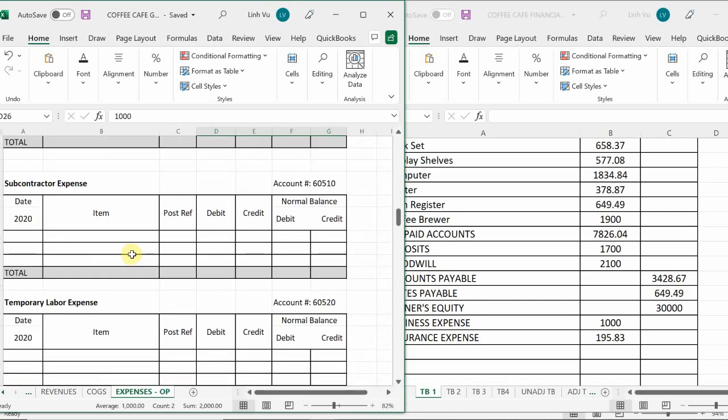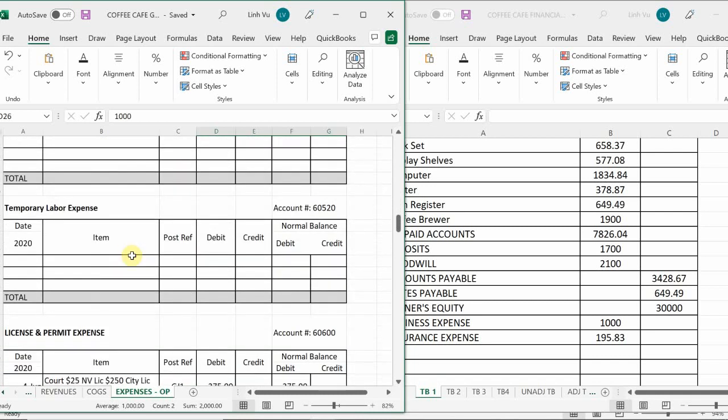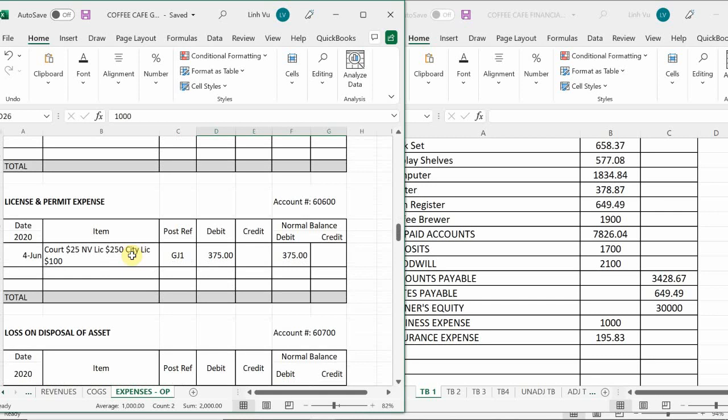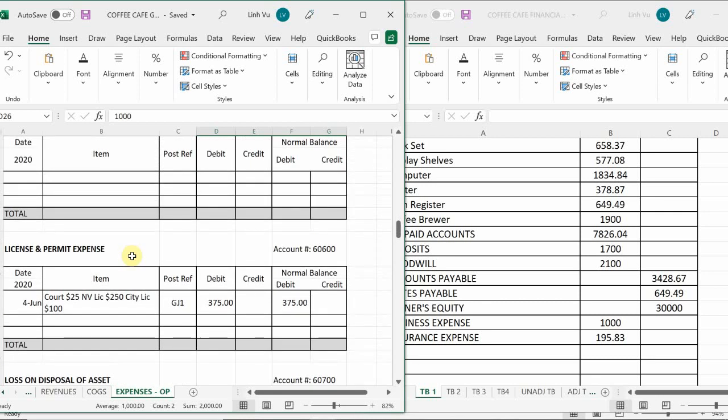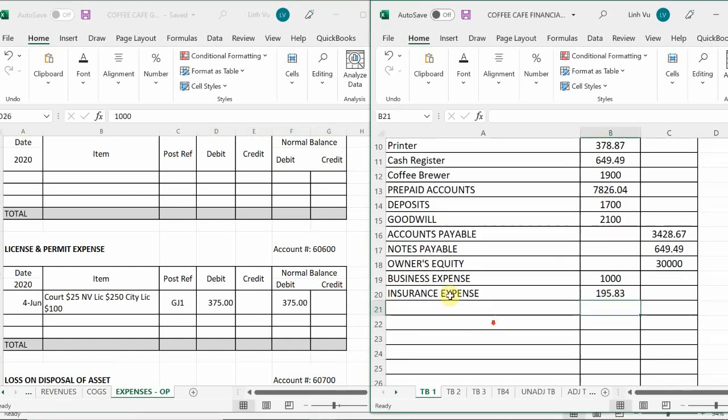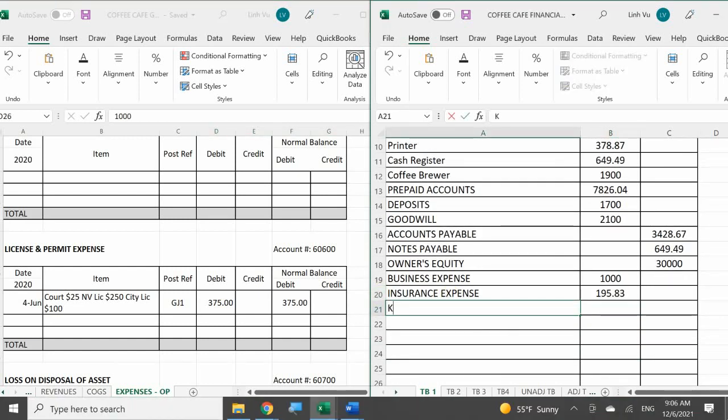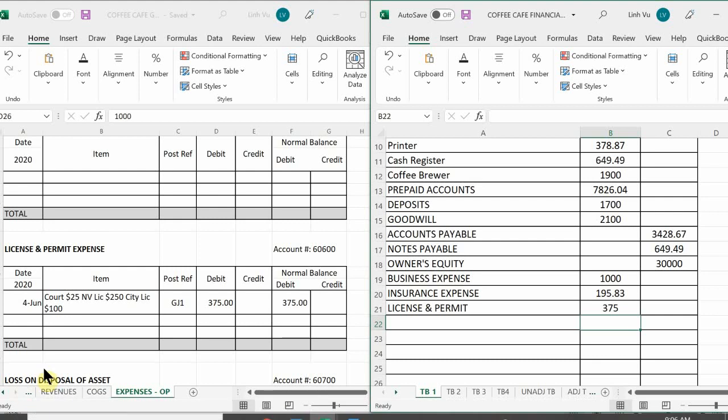Labor expense, which branches out to subcontractor and my temporary worker. Not yet. Okay. Next thing I have is license and permit expense. Yes, that was one of the first things I had to do in order to establish my business, was I had to pay for licenses in order to sell a product, right? And that cost me $375, or that was my total.